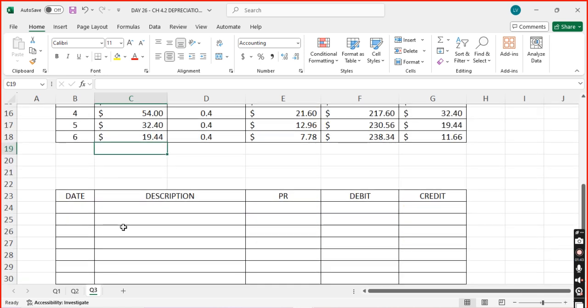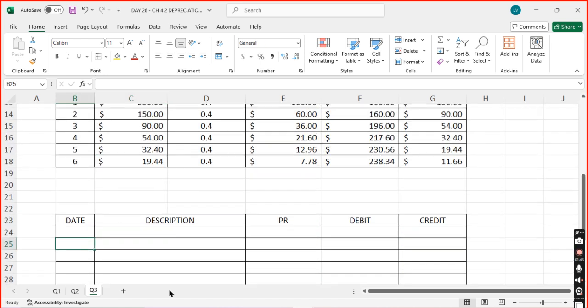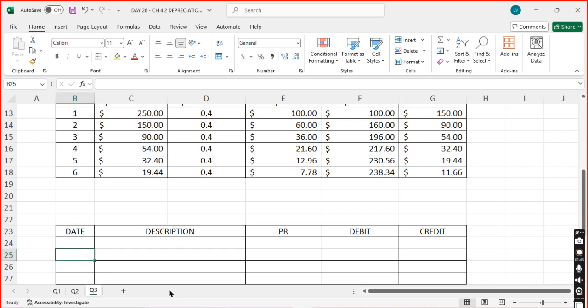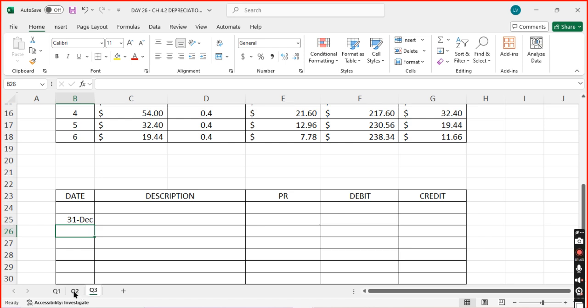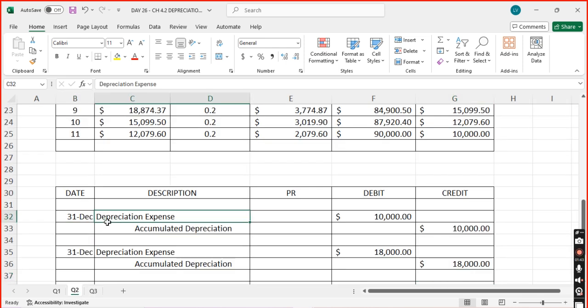Let's go ahead and journalize the thing real quick before you ask questions, okay? So again, December 31st, how would your journal look like for the first 2 years? Okay, I'm just going to copy and paste because it's going to be the same.